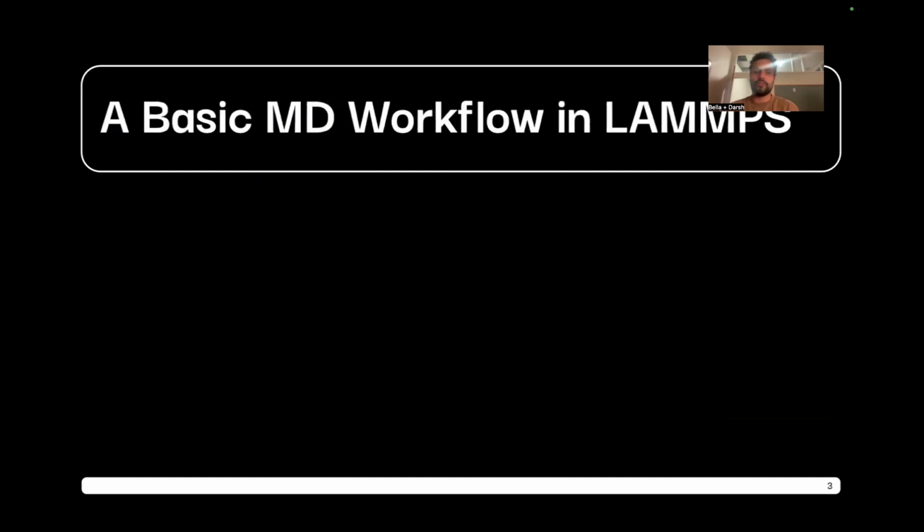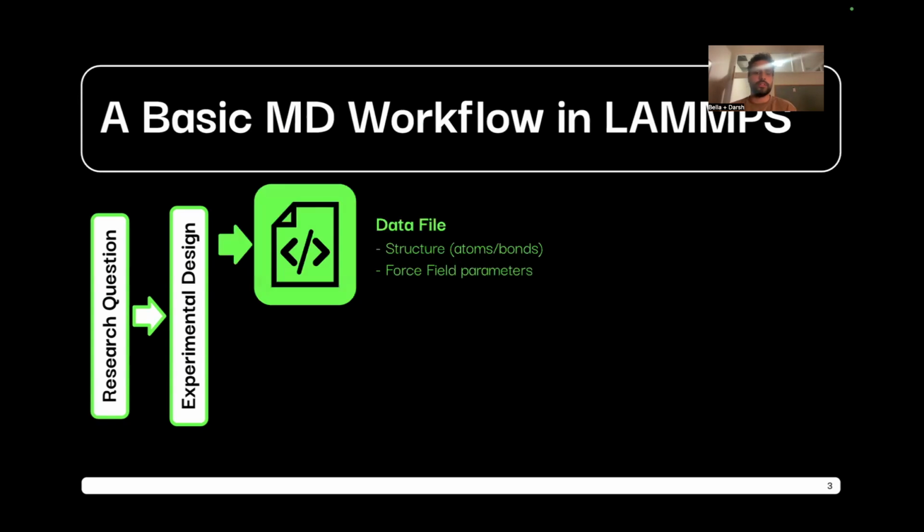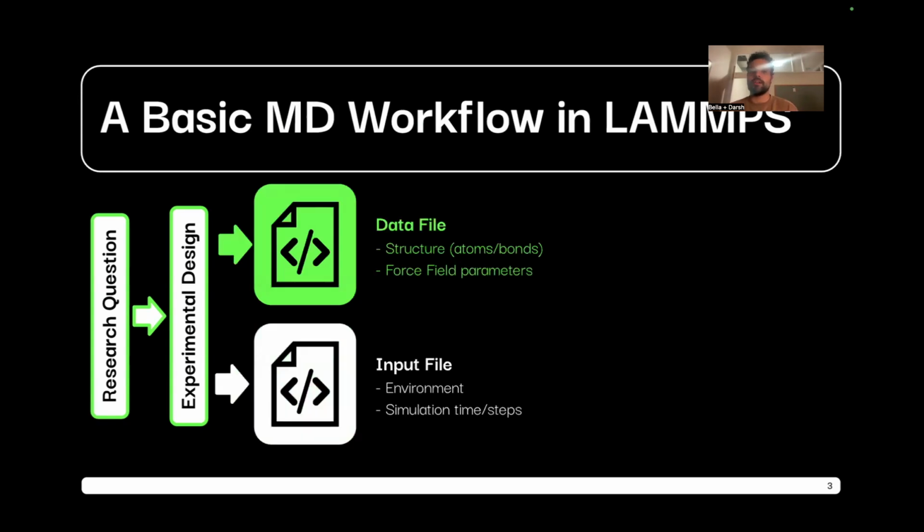So the basic workflow for an MD simulation using software like LAMMPS looks like this. Firstly, the scientist creates a research question and an experimental design that can be simulated. The two main types of files created here are the data file, which contains the structure and the bonds, so where the atoms are arranged and how they're connected, and the force field parameters, which define how those atoms move around.